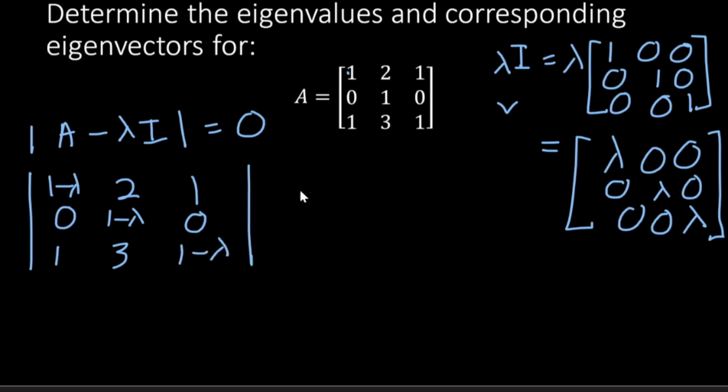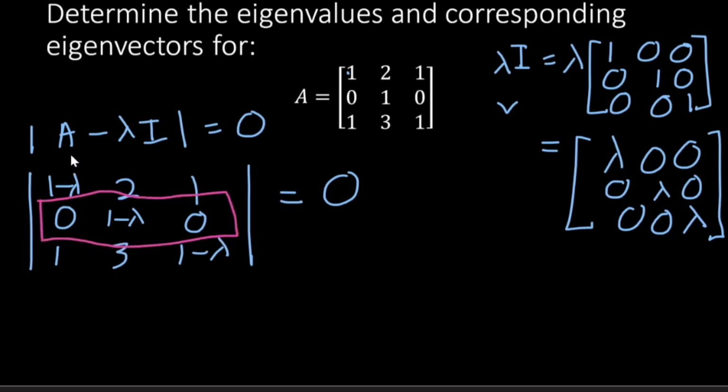So this determinant must be equal to 0, and we are supposed to find the values of lambda. For a 3 by 3 matrix, we usually have 3 values of lambda. For a 2 by 2 matrix, we usually have 2 values of lambda, like what we had just now. In my opinion, the easiest way to solve this is if I consider the second row.